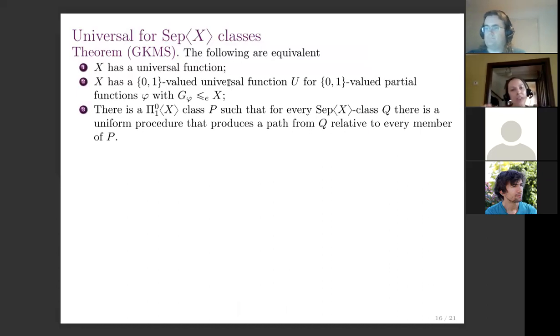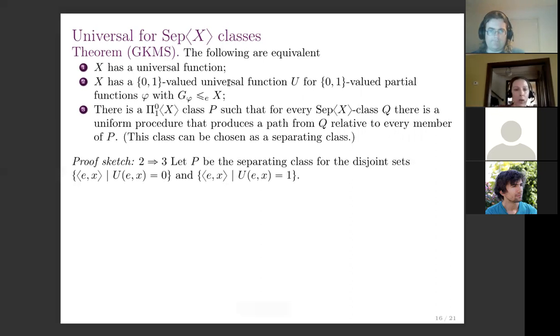But that turns out to be equivalent to having a class P relative to X such that there's a uniform procedure that produces a path in any SEP-X class, separation class Q, relative to every member of P. So having a universal function becomes really the analog of having a universal class, but with respect to just computing members of separation classes. And in fact, this class can itself be chosen to be a separating class.